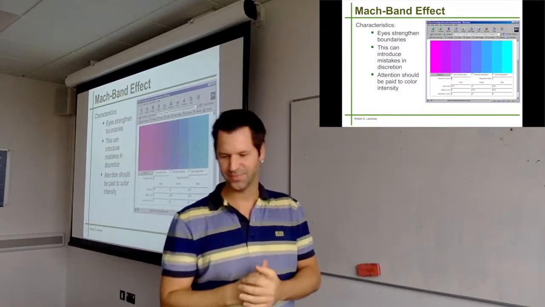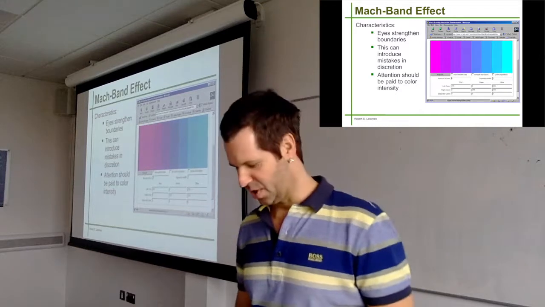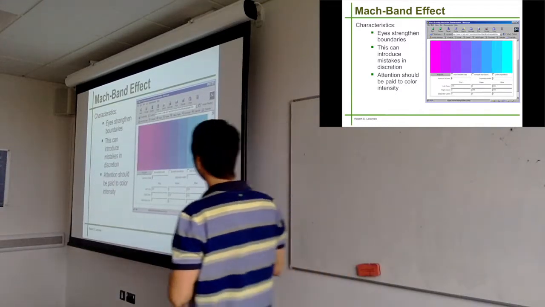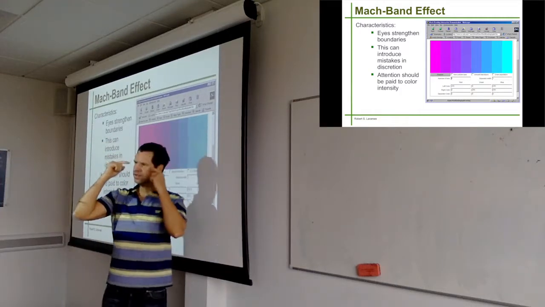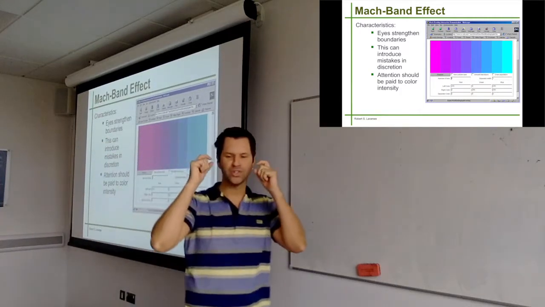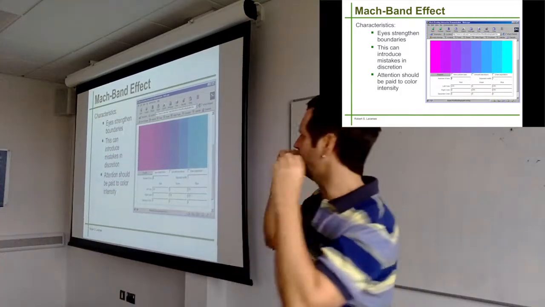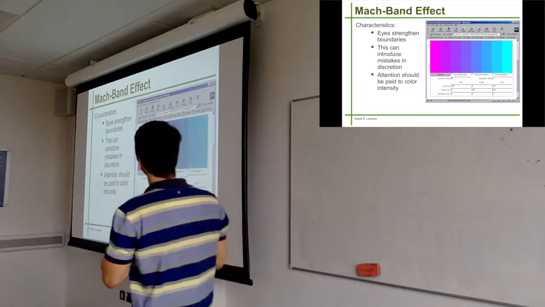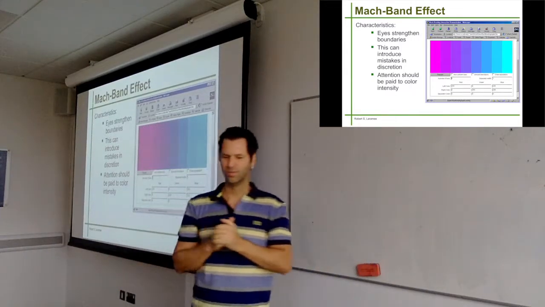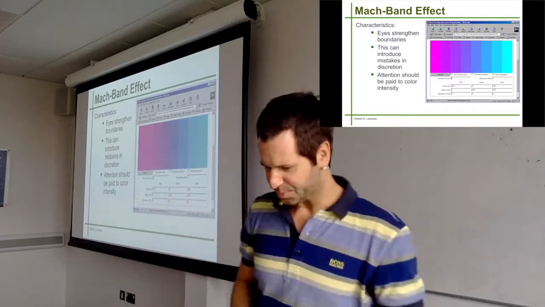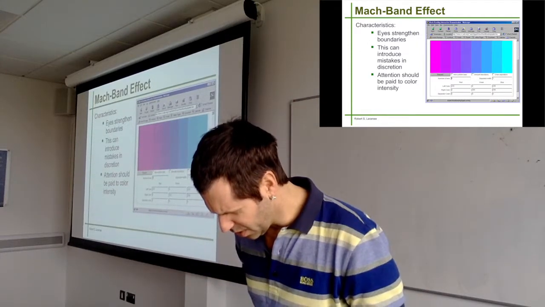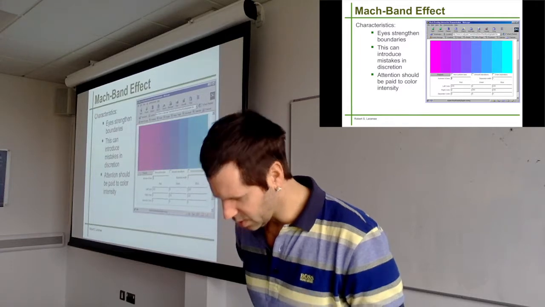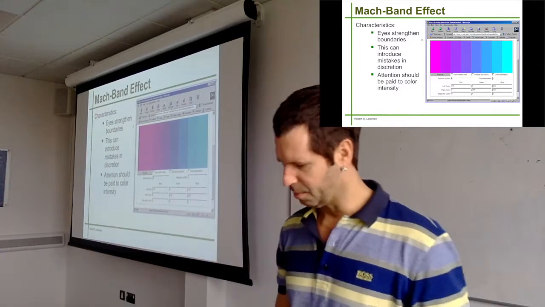But it's a fun exercise, and the point is the human visual system is very good at identifying boundaries and strengthening boundaries. This is what the human visual system likes to do. And by the way, that is a web page, and that web page might still exist. You're welcome to look that up.